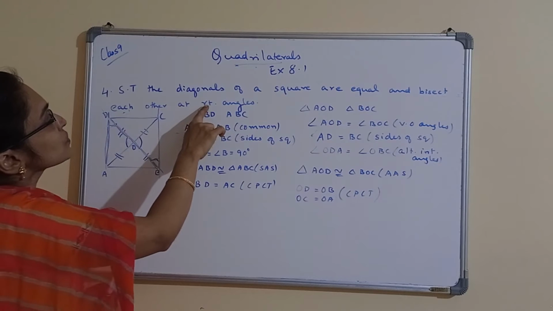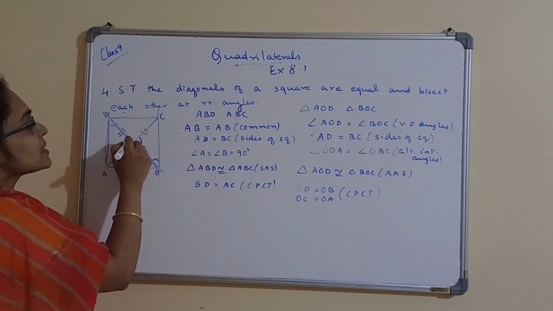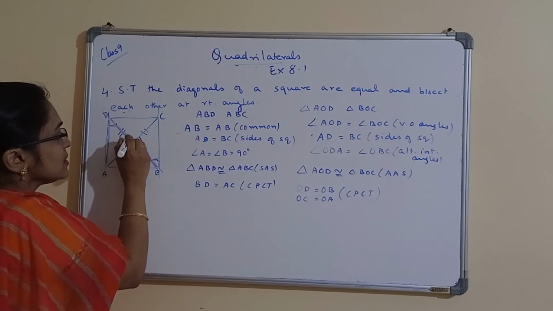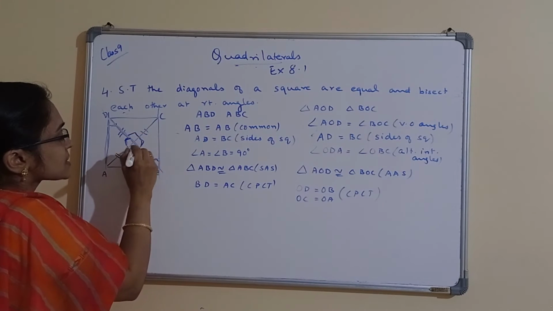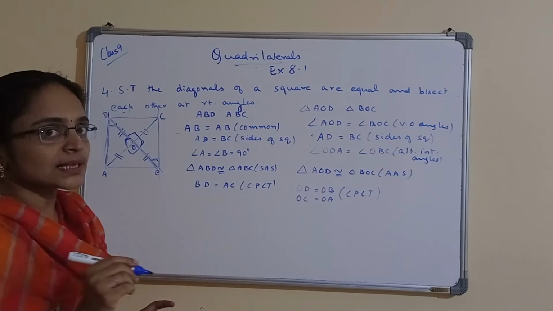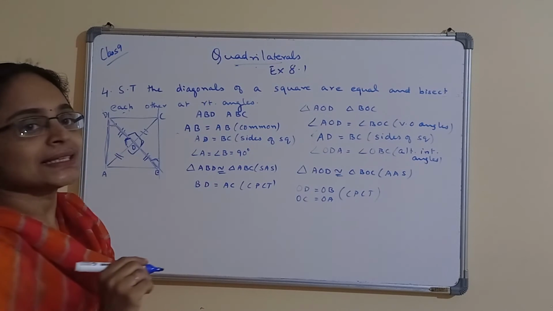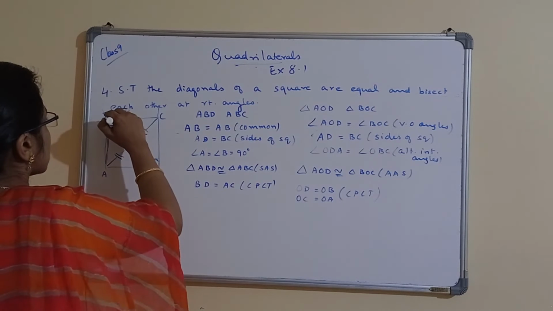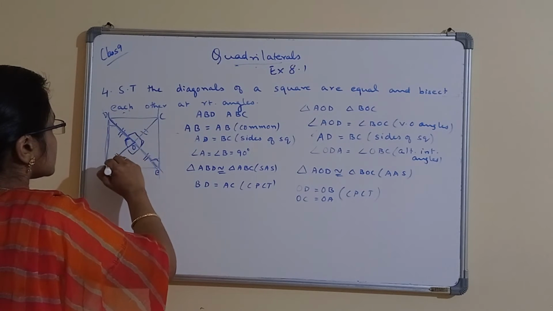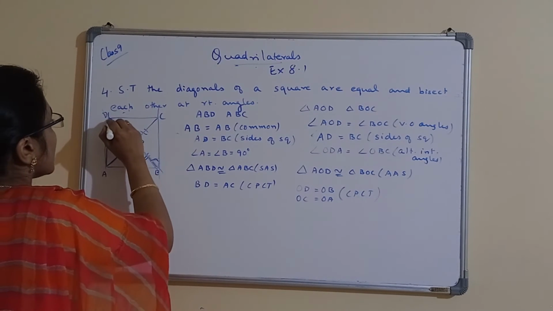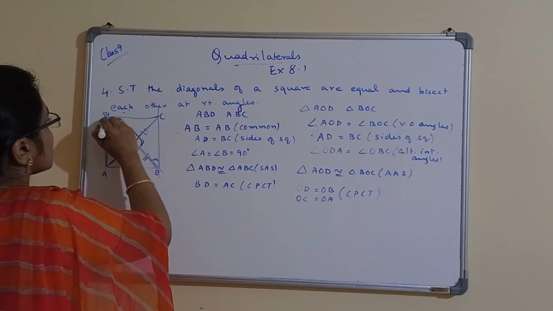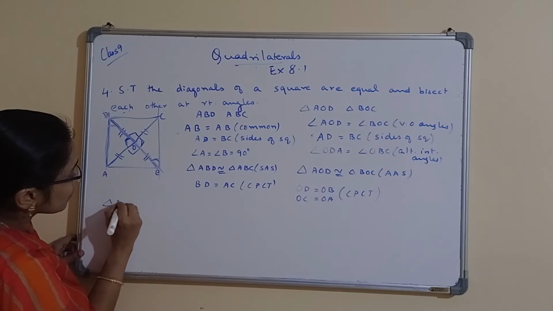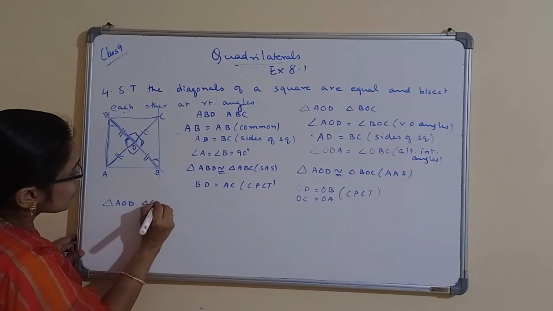Now we have to prove that they bisect each other at right angles. That is, all these angles are equal to 90 degrees. How will we prove that? For that, just take these two triangles, triangle AOD and triangle COD.